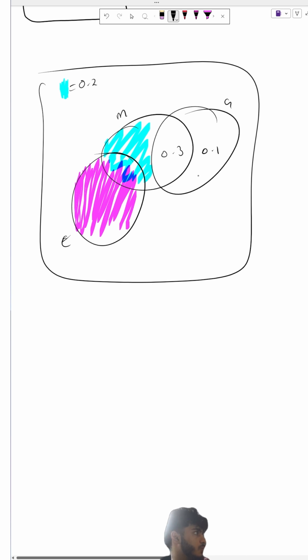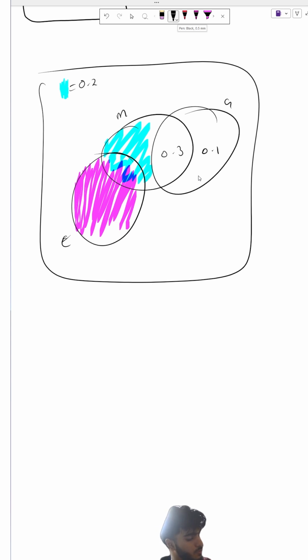MG 0.3. So 0.2. It can't be 0.2 because you assume they're independent. If we told you it was independent, then you would do 0.2.